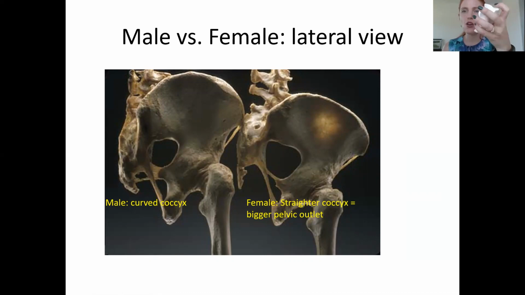The model that I have is male, so it'll be nice and curved, and it'll have a long coccyx that's going to stick out into that pelvic outlet. Whereas the female is going to have the straighter coccyx, so that instead of curving in, which would interfere with the path of the baby, it'll be straighter down like that. Again, that's just to allow for the baby's head to go through.